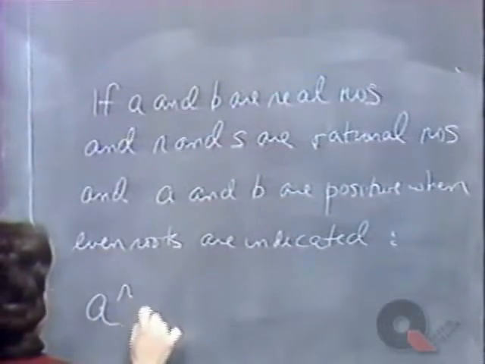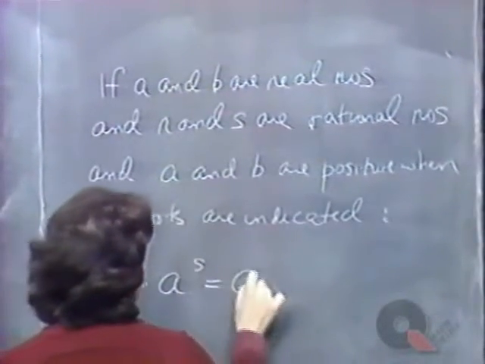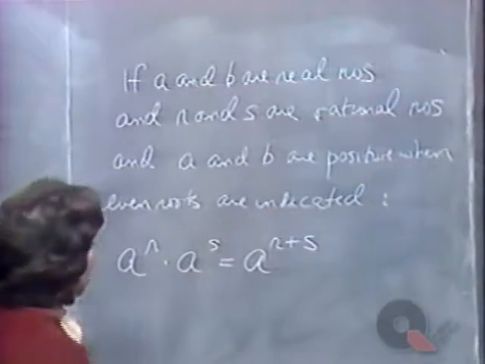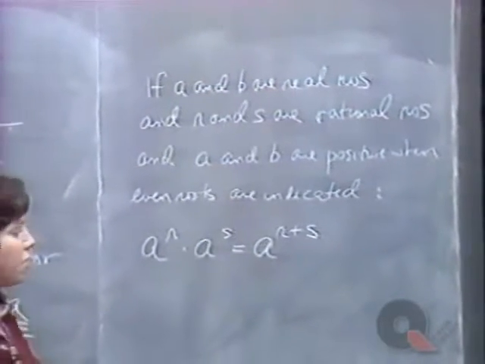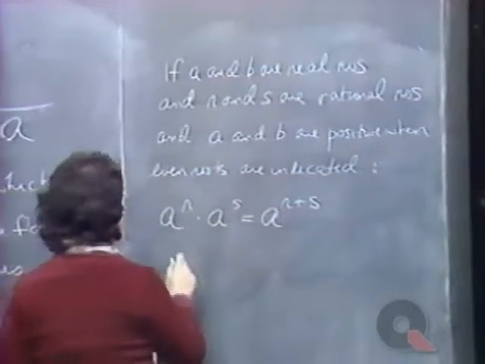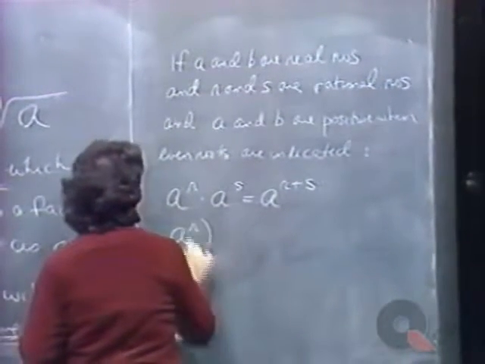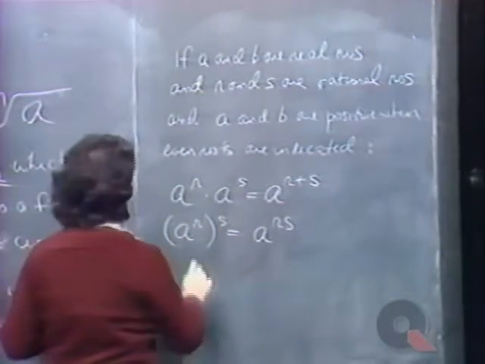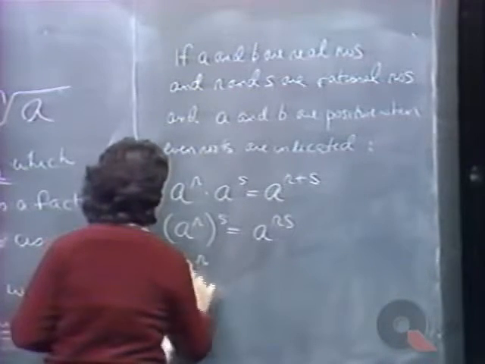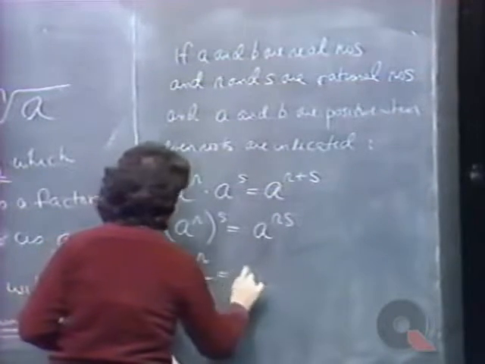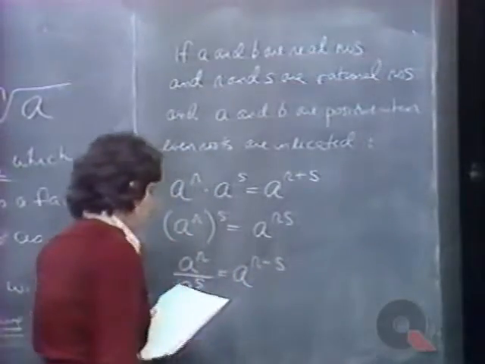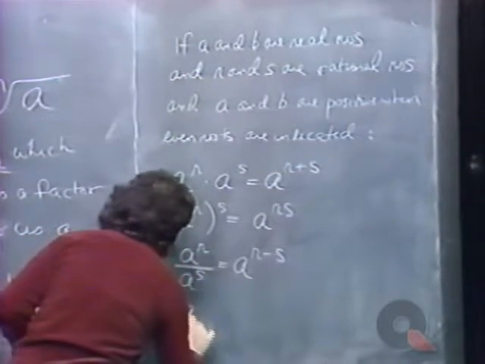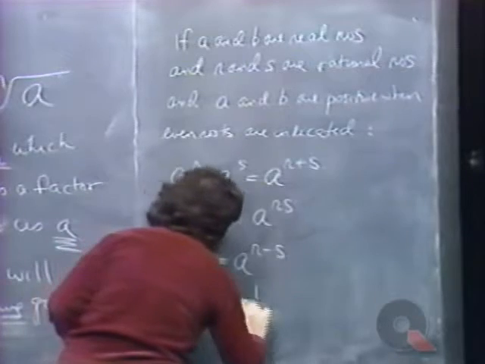A to the r times a to the s is equal to a to the r plus s. You can keep the base and add the powers. This is how we originally picked our definition for the fractional exponent, so that this rule would still hold true. A to the r to the s is a to the rs. A to the r over a to the s is a to the r minus s. When you divide, you subtract the powers. A to the minus r is once again 1 over a to the r.